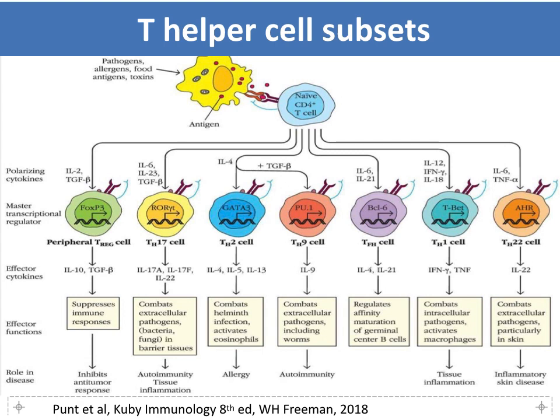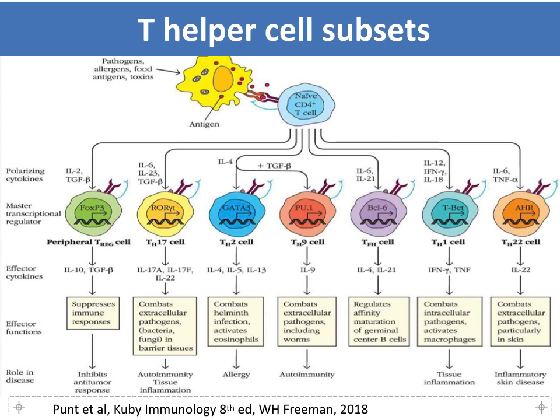The Th17 cell, which produces interleukin-17 cytokine, is important for extracellular pathogen defense, like extracellular bacteria or fungi, because these interleukins recruit phagocytes like neutrophils into areas of infection. So that's the job of the Th17 cell and the cytokine interleukin-17 that they produce.